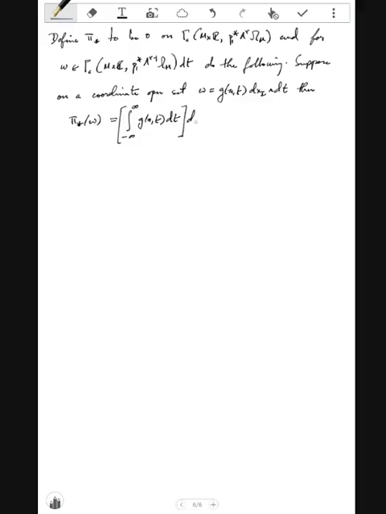So suppose on a coordinate open set U, omega looks like g of x comma t dxi wedge dt. Then define pi lower star omega to be equal to the integral from minus infinity to infinity of g of x comma t dt, times dxi.